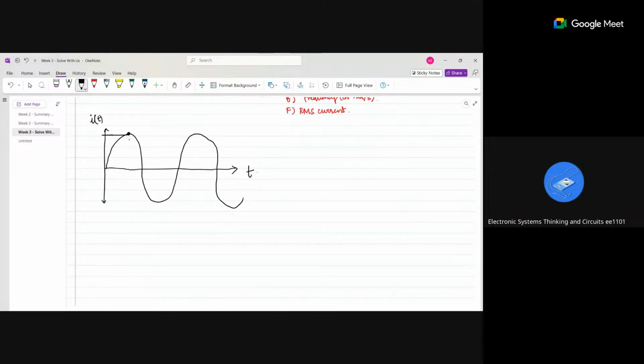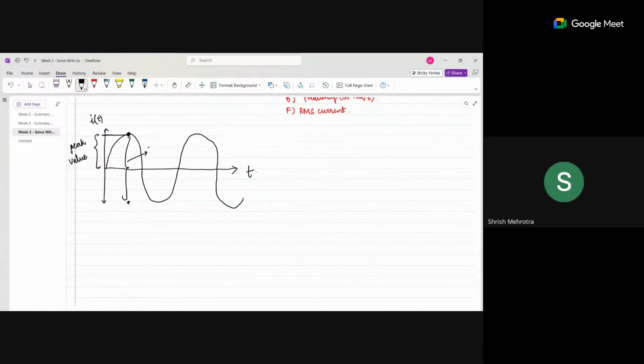So if this is a sine wave, what is this distance called? Peak current. Yes, this is called the peak value. From the positive peak to the negative, what is this value?